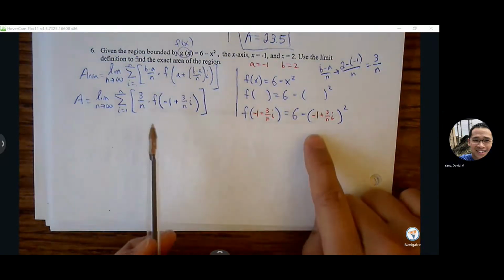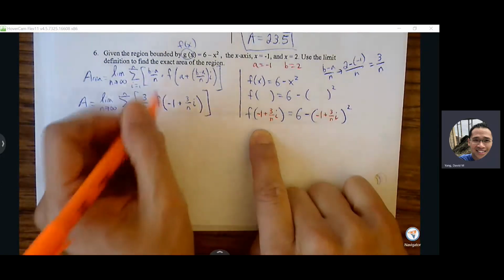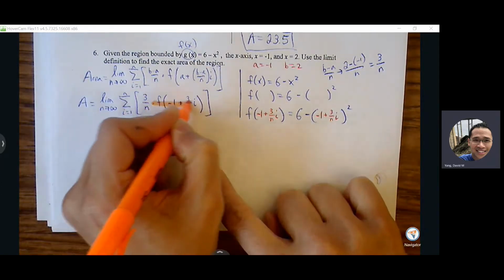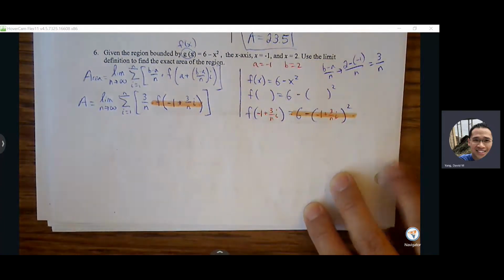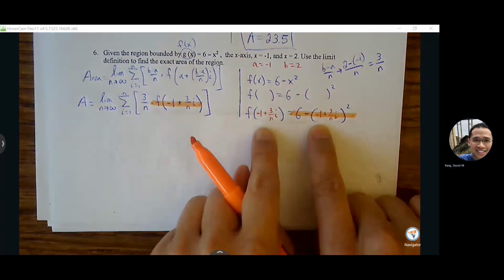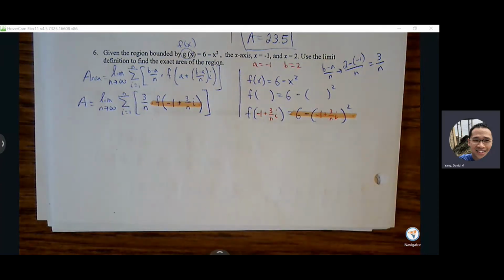Okay. Any questions here? So now I'm going to make a substitution. I know that this f of negative 1 plus 3 over n times i will get replaced with this piece here, right? Because we know that these are equivalent, because we see that here. All right.